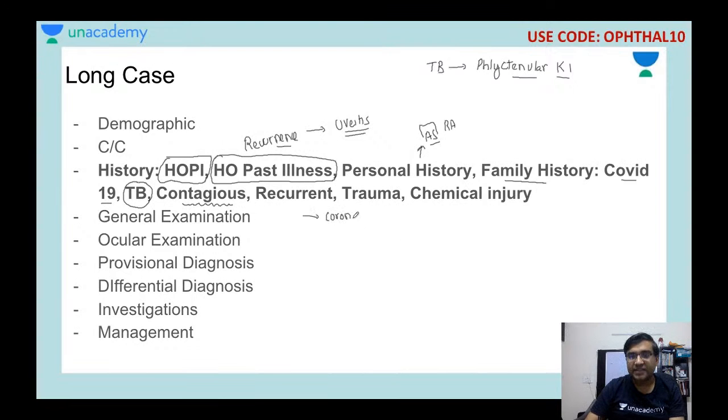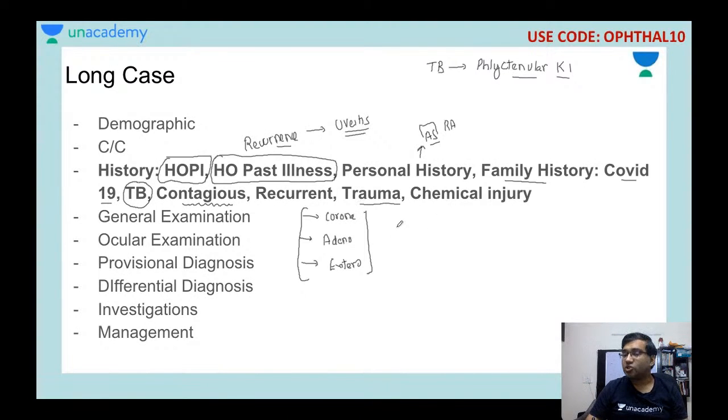The other diagnosis, most commonly, is adenoviral conjunctivitis, or even enterovirus, which is very infectious. So whenever you see a history of redness and watering in the patients, then you think about coronavirus, adenovirus or enterovirus.